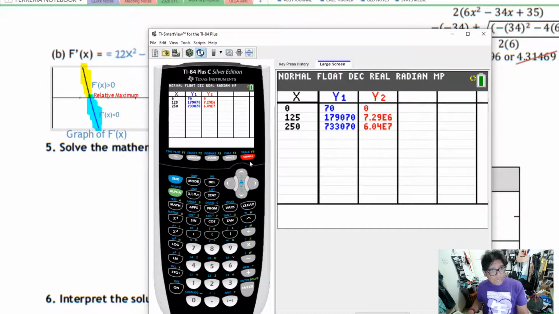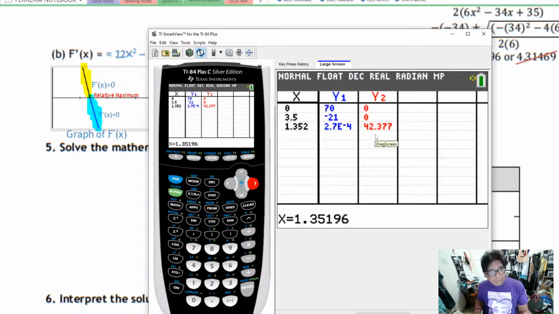Let's go to our table and make our table our candidate test table. 0, we had 3.5, and then we also had 1.35196, and that gives me, so y1 is the derivative, y2 is the function, so the function I get 42.377.